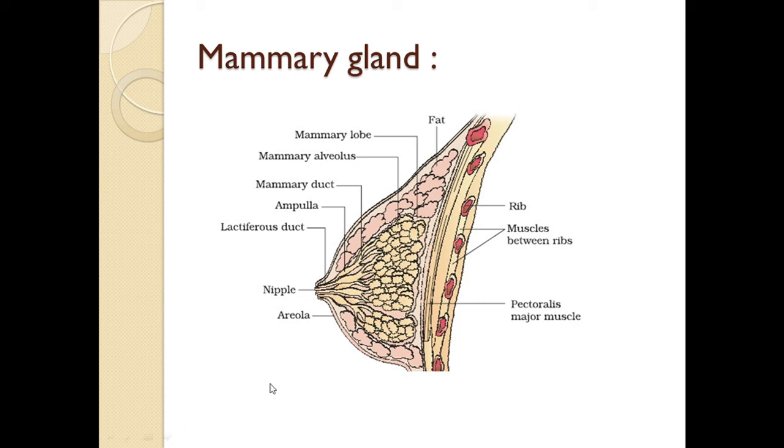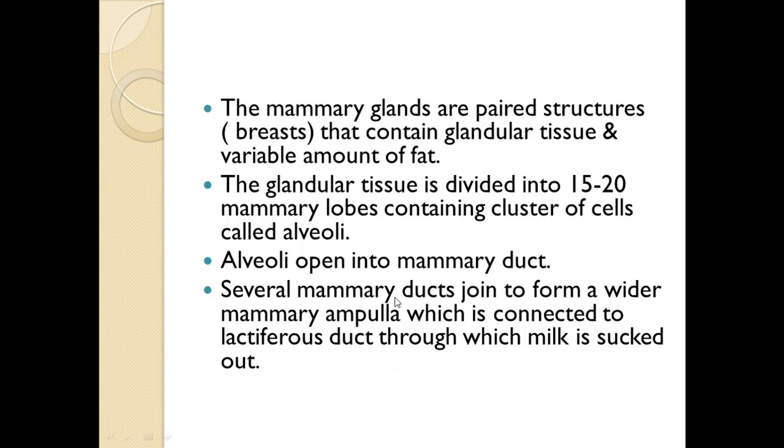See, this portion shows the mammary ampulla, which is formed by the joining of several mammary ducts, and is connected to the lactiferous duct through which milk is sucked out. So the baby can suck the milk through the nipple. So this is about the structure of the mammary glands.